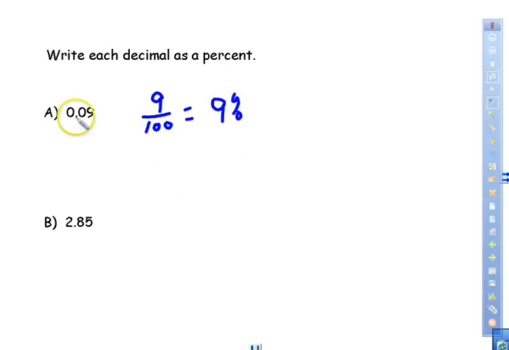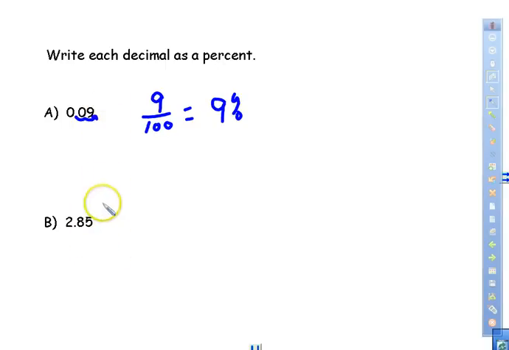Another way is, since we're adding a percent sign, we're going to move it towards the percent sign, 2 places again. Since we're multiplying it by 100, you can move it 2 places to the right, and you get 9 point and put your percent sign.